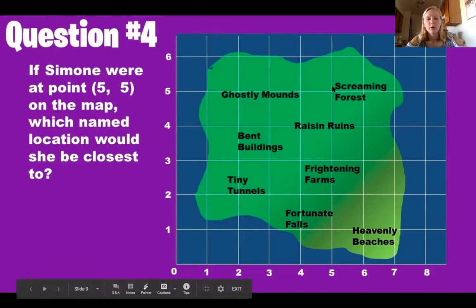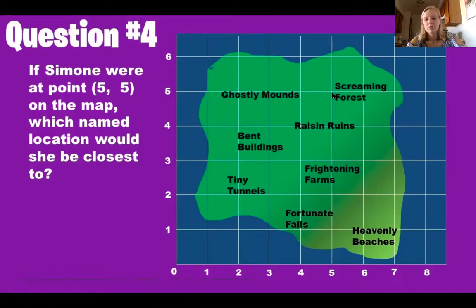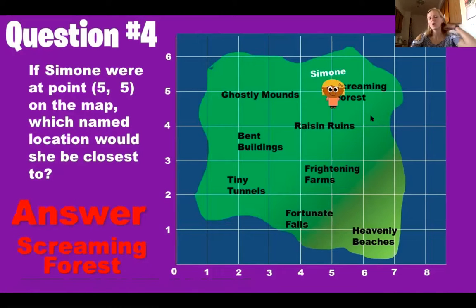Okay, that would put her right here, which is closest to the Screaming Forest. Okay, and I'm gonna try another one. So I wanna say, how would we move from the Screaming Forest, where Simone is at, 5, 5, to Tiny Tunnels? Okay, so we want to start here at Screaming Forest, and we want to appear here.